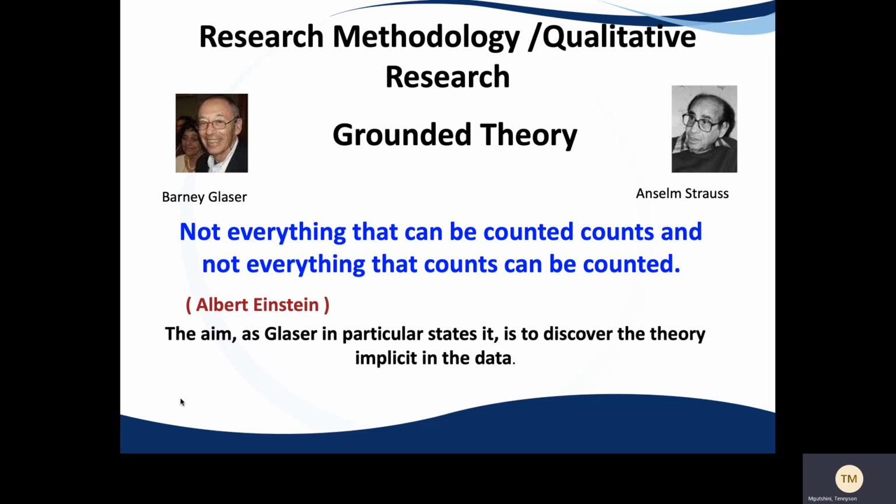Right, so the next tradition that we should speak about is grounded theory. Grounded theory is a very dynamic type of tradition in qualitative research because it has changed over the progression of time, and it continues to expand. It continues to question itself.